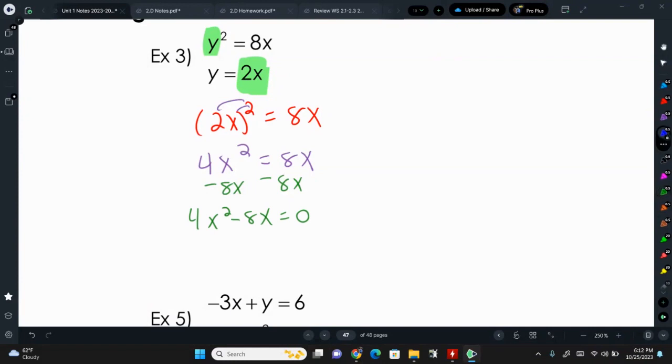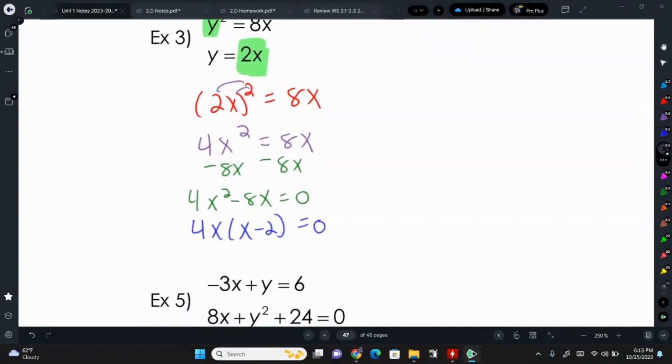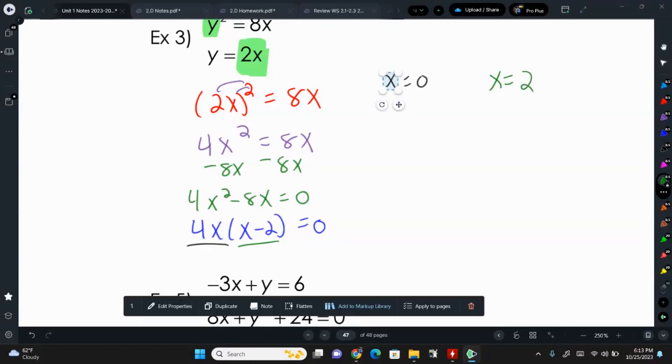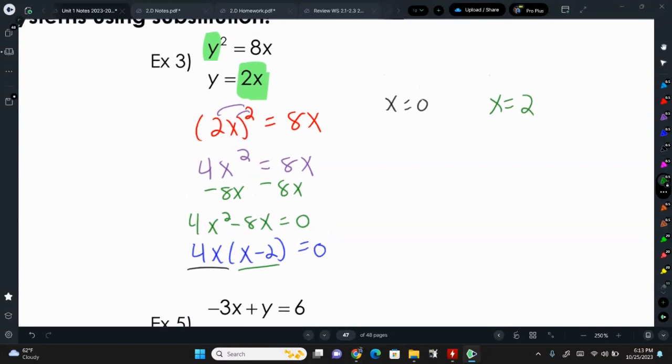We can factor out a 4x, and we're left with 4x times x minus 2 equals 0. So then we have two solutions. We have one, x equals 0, and then x equals 2. So we have to plug those into the equations. So if we plug it into y equals 2x, y equals 2 times 0, which is 0.